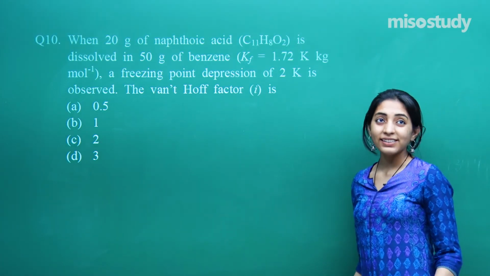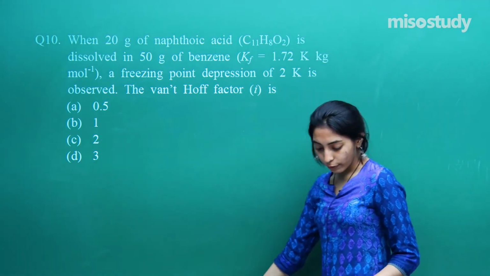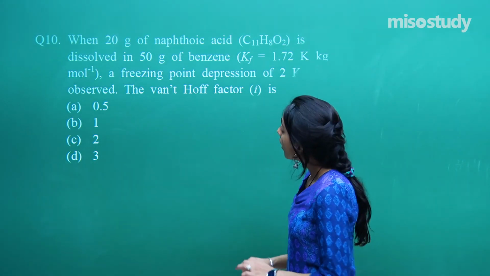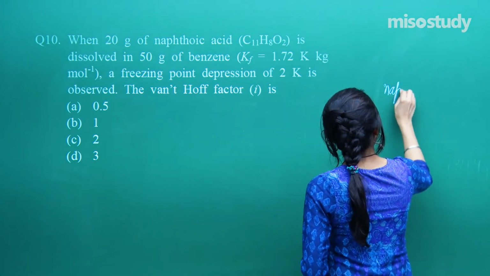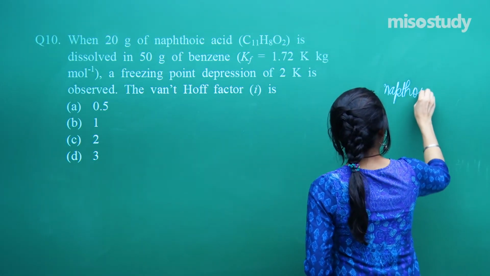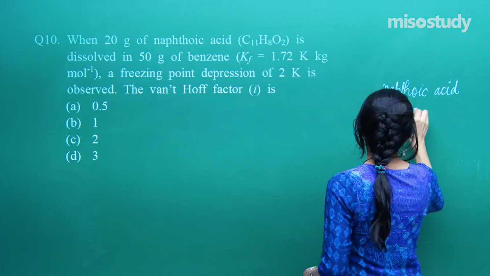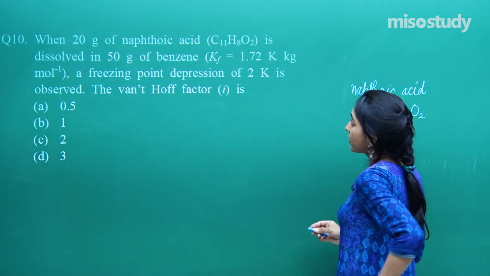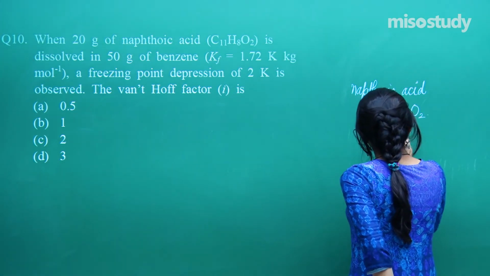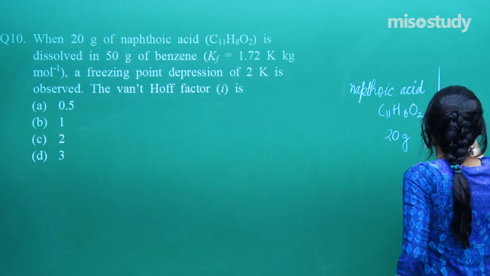Question number 10 simply says that when 20 grams of naphthoic acid, since it's an organic acid, C11H8O2, you don't have to be concerned about its dissociation. This is given to me as 20 grams dissolved in 50 grams of benzene.